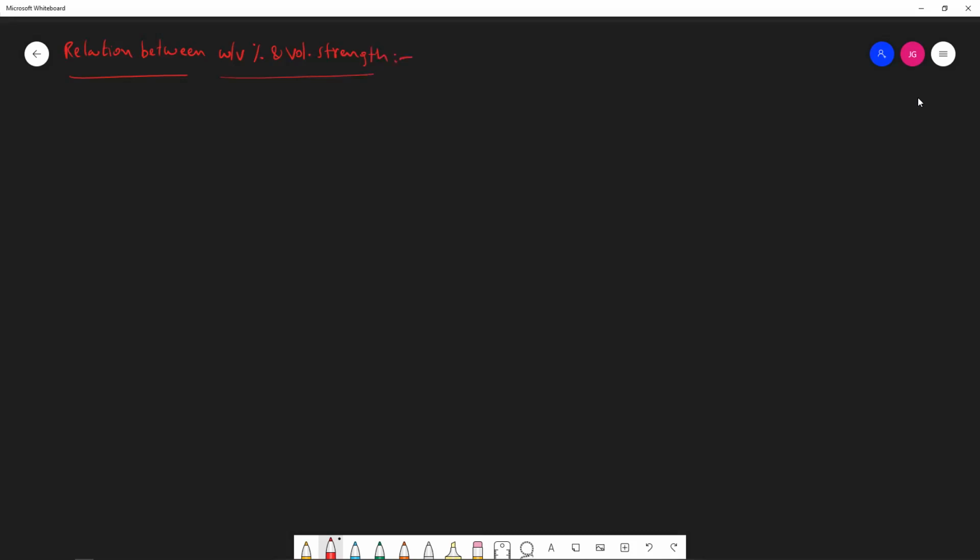To establish this relation, first I am assuming a sample of H2O2 solution which is labeled as V volume strength. Assume V volume strength H2O2 solution.